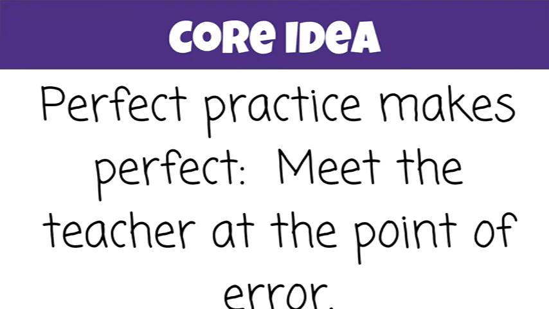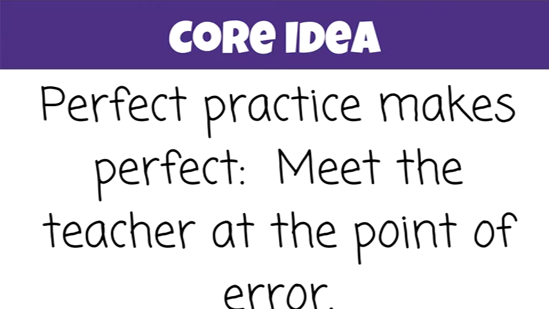All right, so that brings us to the end. And our final core idea is that perfect practice makes perfect. Meet the teacher at the point of error. I can't really say anything negative about that because we just watched this whole process of how this works and how it should work.